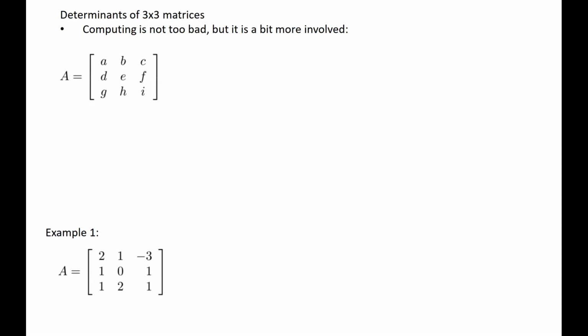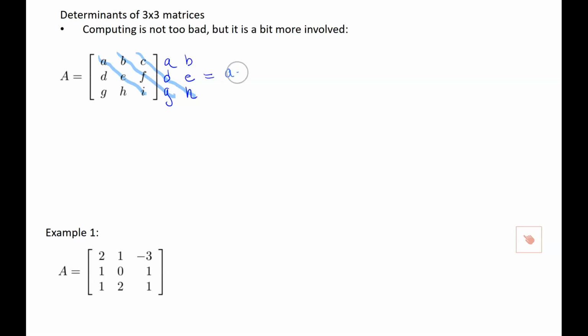If we're starting with a 3x3 matrix like this, what I'm going to do to make this computation is copy down those same first two columns again next to the matrix. And the way it's going to work now is I'm going to take products across the diagonals like this and add them up.